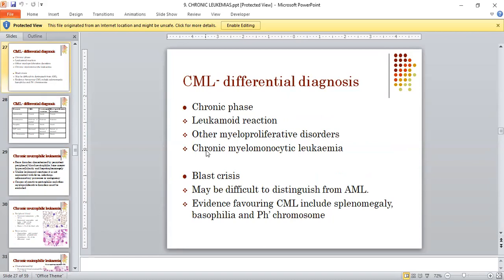So these are just some other conditions that you can confuse for CML, leukemoid reaction. If you diagnose the patient at the chronic phase, you need to differentiate between leukemoid reaction, other myeloproliferative disorders, or chronic myelomonocytic leukemia.